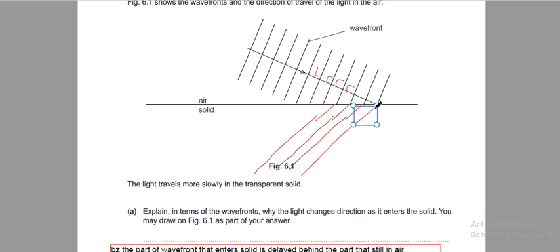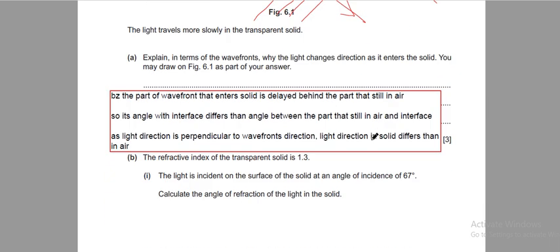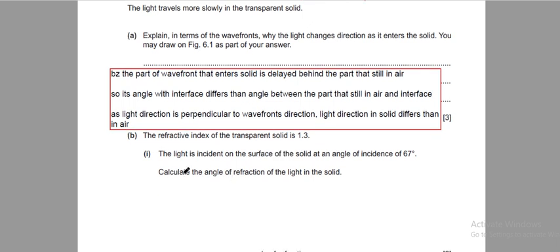Let us say that here is a normal and here is the change in the ray. If there isn't a solid medium, it should continue in the same direction, but because of the delay, the ray changed direction towards the normal, and this new direction is perpendicular to the wavefront, so this wavefront should also be delayed, and the reason is written.